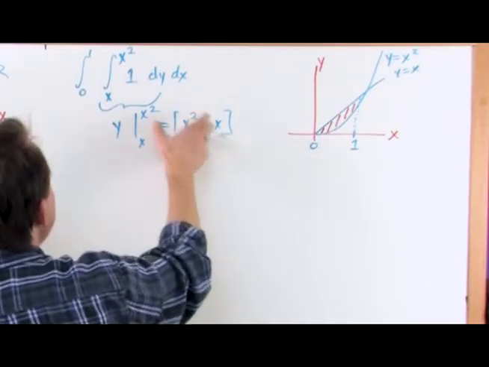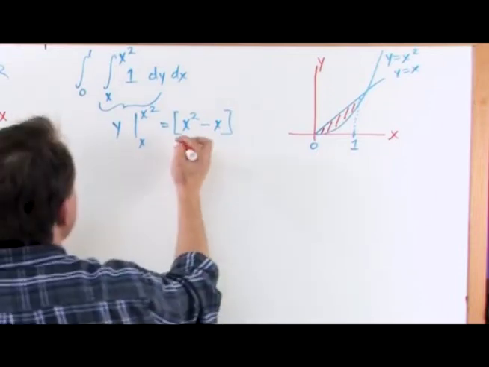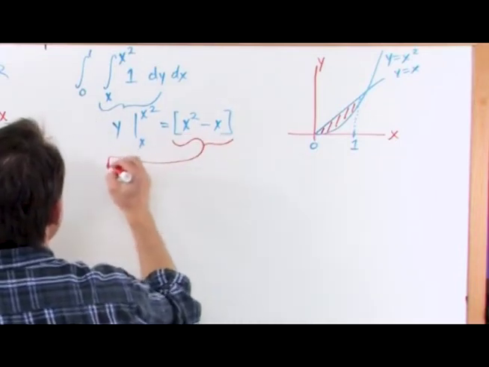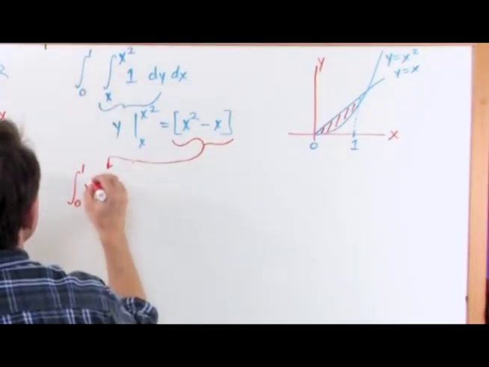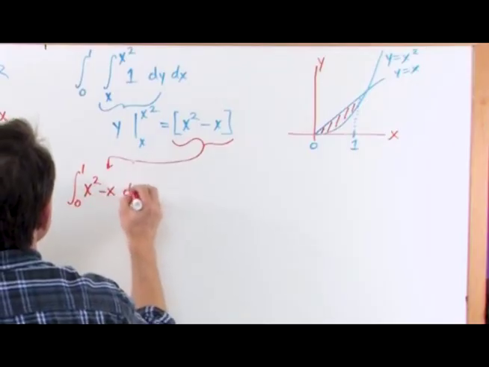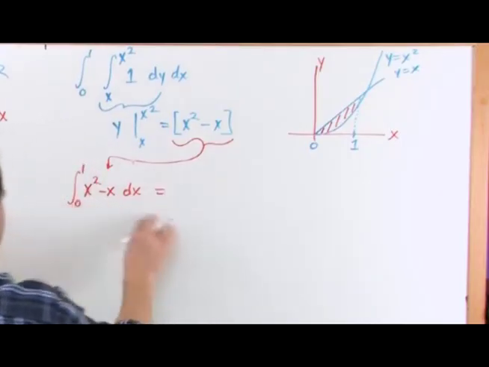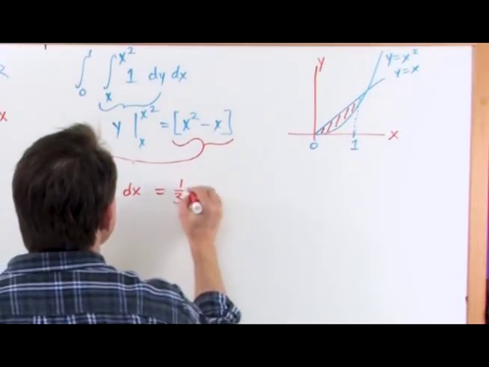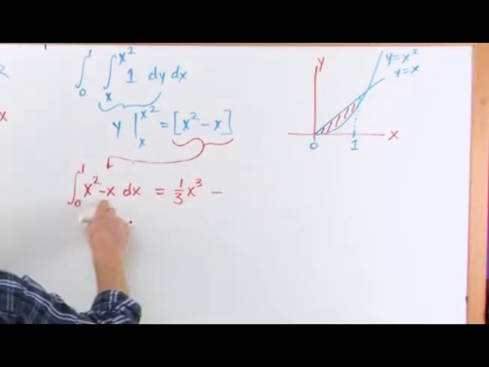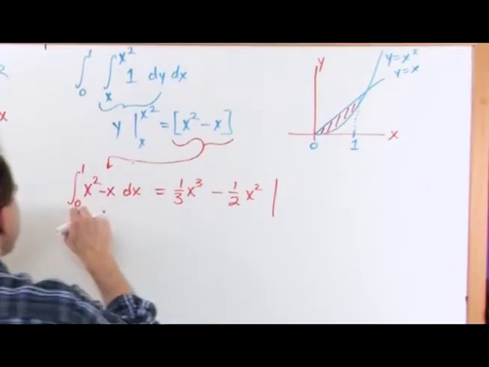And now I need to take that and integrate it along dx. So I'm going to take this, and I'm going to integrate it from 0 to 1, x squared minus x along dx. Okay? And this is a regular one-dimensional integral from calculus 1. How do you integrate this? 1/3 x to the third minus, integrating this one, 1/2 x squared, evaluated from 0 to 1.